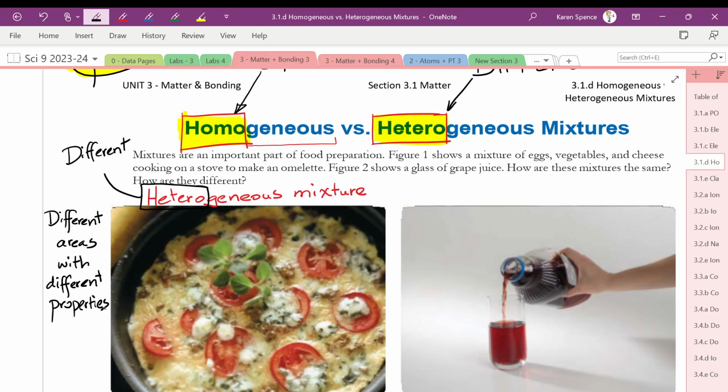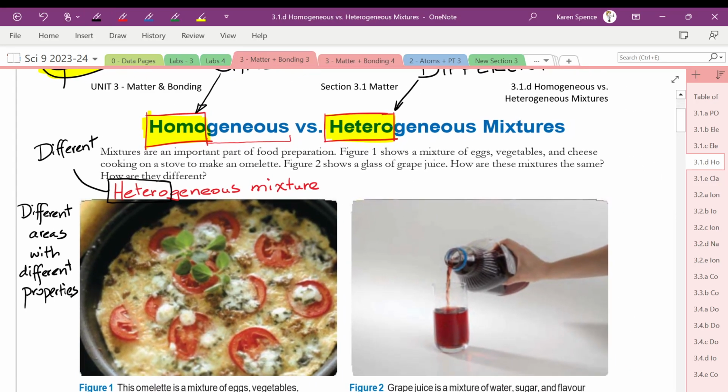Whereas with the juice, what kind of mixture do we have with the juice? Homogeneous. Is it going to taste different if you're drinking the first part of your glass of juice or if you're drinking the last part of your glass of juice? Will that taste different? Nope.